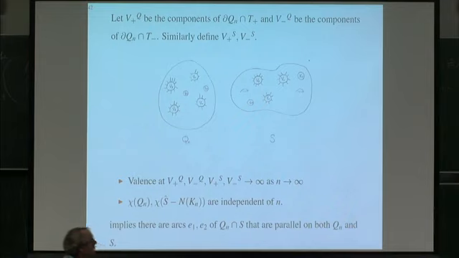That's saying that the topological type of these surfaces is remaining fixed, whereas the valence is going up. So eventually you argue that you have to get two arcs of intersection that are parallel on both graphs. They're parallel here, and they're parallel there. And that gives you the annulus that we're looking for.